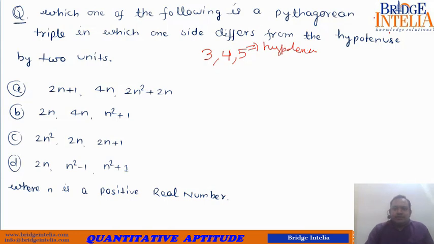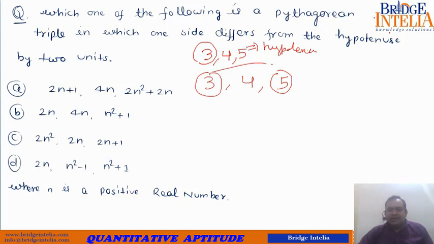In this triplet itself you can observe that one side, that means 3, differs from the hypotenuse by 2 units. So sides being 3, 4 and 5, 3 and 5 have that property. So which of these options depict 3, 4 and 5? n being an integer, 4n.